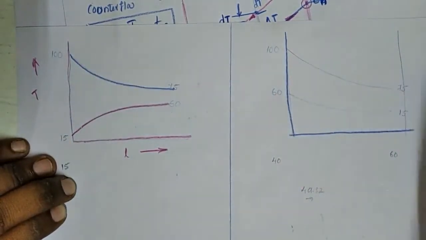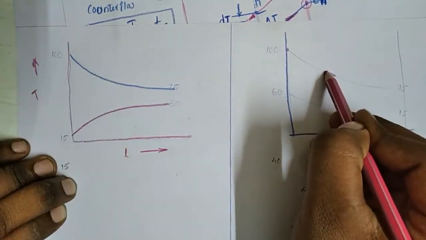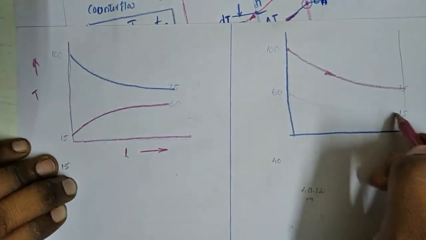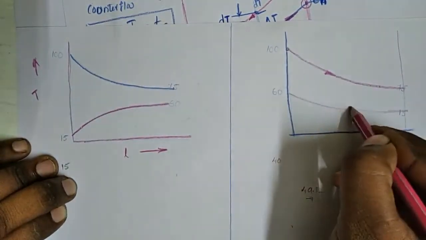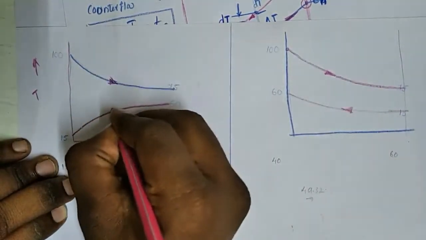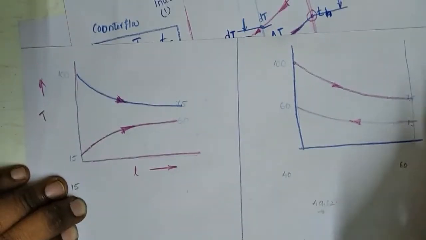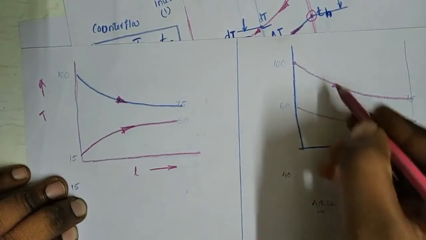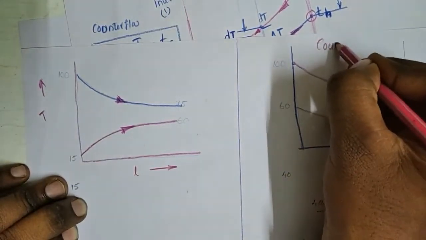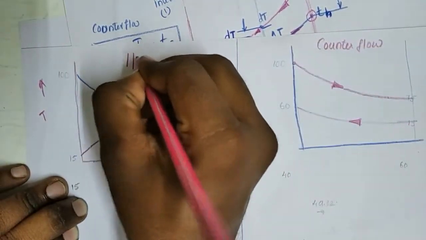Here the hot fluid is flowing in this direction, and the cold fluid is flowing in the opposite direction. Here, in the parallel flow, both fluids are flowing in the same direction. Here the direction is different. This is for counter flow. This is for parallel flow.